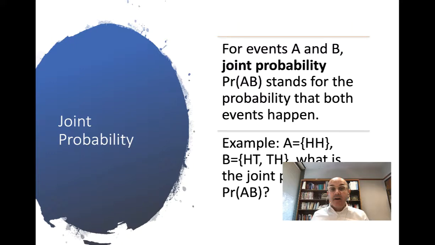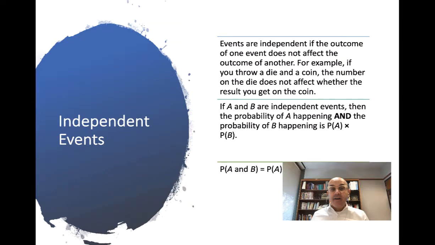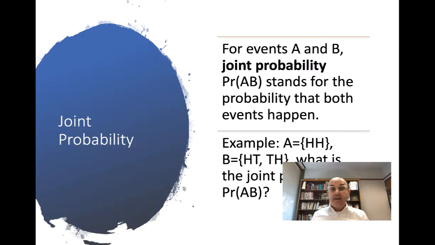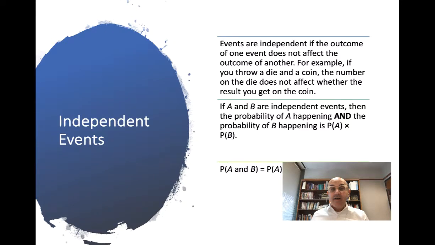For A and B together, we call it a joint probability. P(A and B) stands for the probability that both events happen. So, for example, if A is head and B is head and tail, what is the joint probability of A and B? This is where we will see what it will consist of.